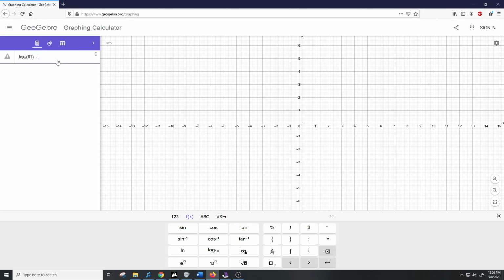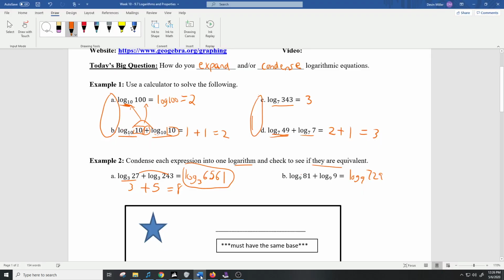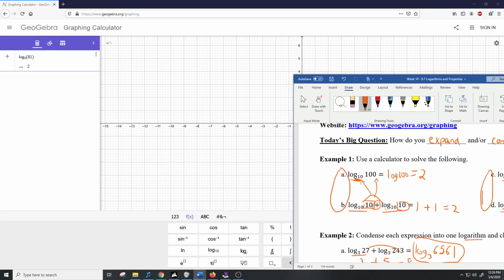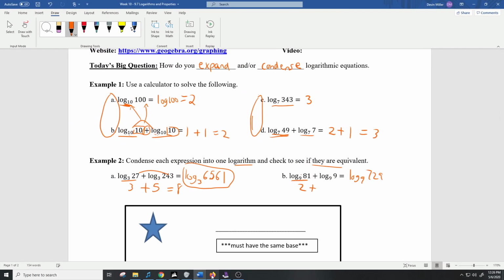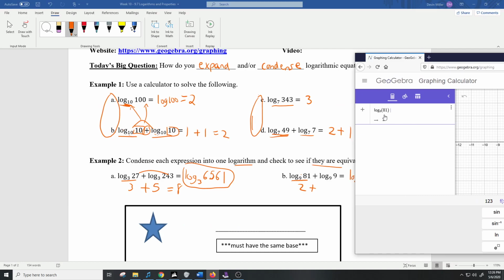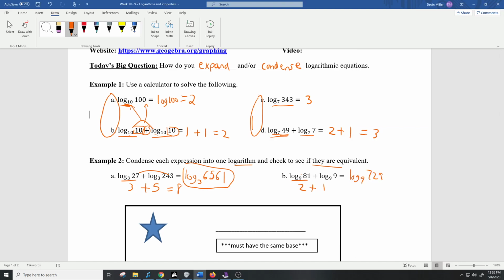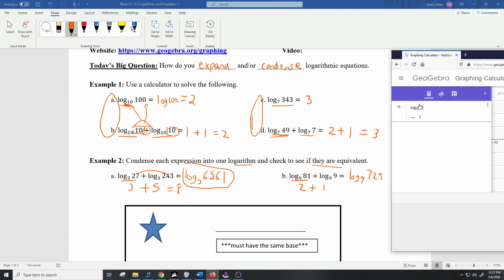Yeah, maybe we can't do them both. So we have 2. So this part is 2 plus, let's maybe just do it this way. Base 9 of 9 is 1. So we hope that when we put 729 in there, we'll get 3. 729 is 3. So it does work.